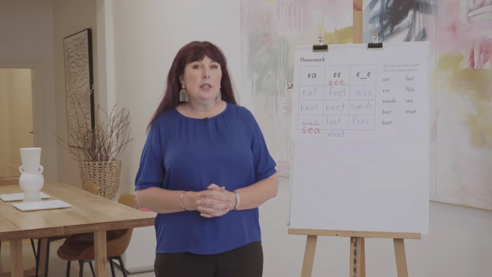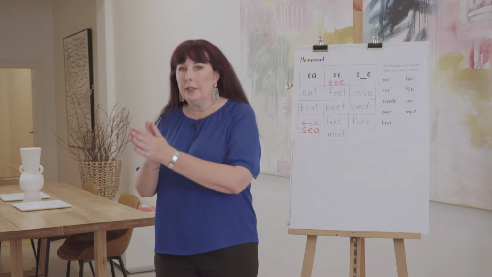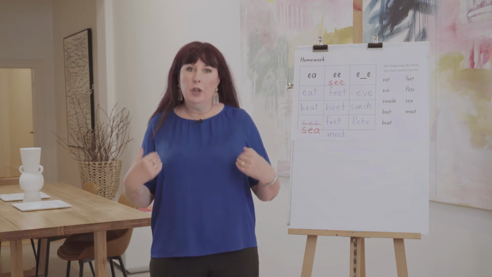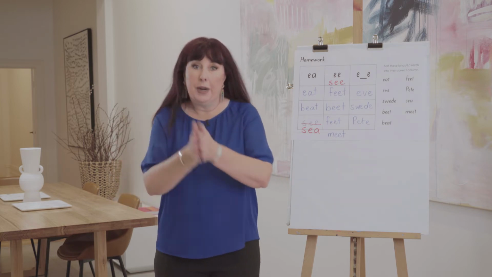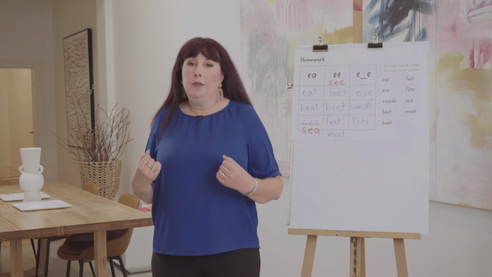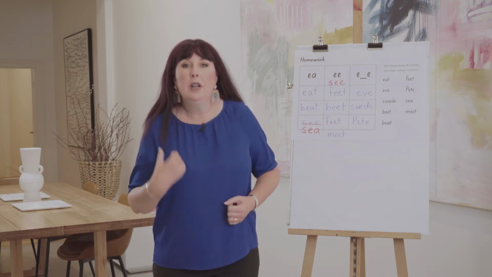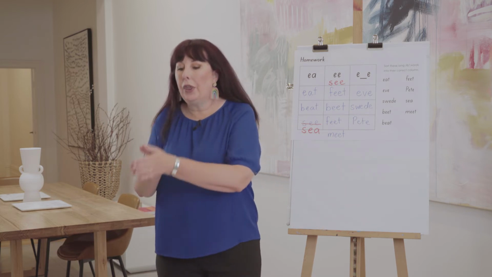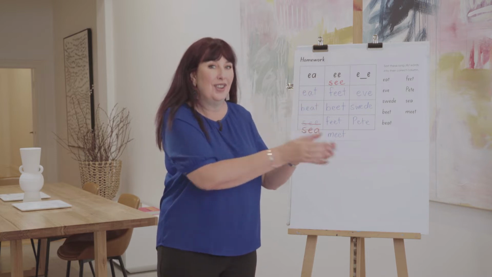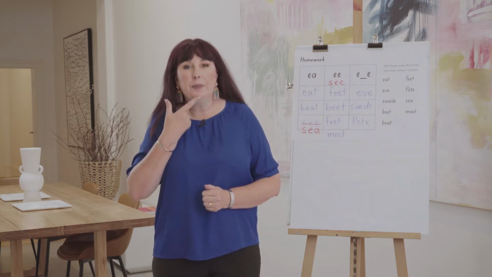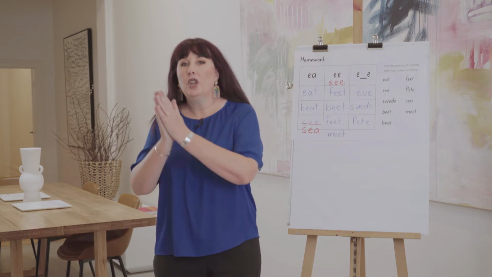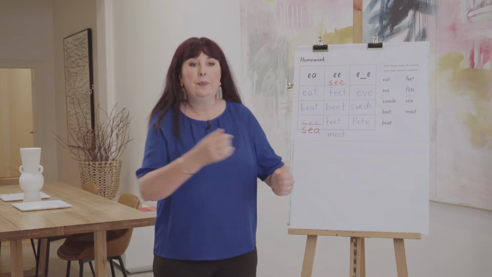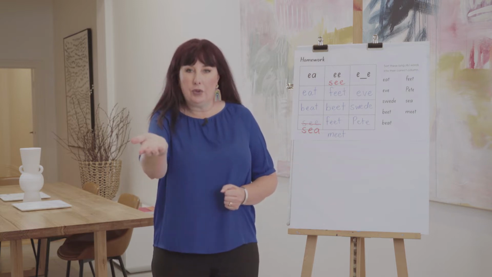So we're going to start off and do what we did yesterday. We're going to segment some words. So I'll say the word, we'll say the word together, and then we'll break the word into bits. Our first word is thread. Thread. D. Good job. Chin. Chin. N. Shred. Shred.